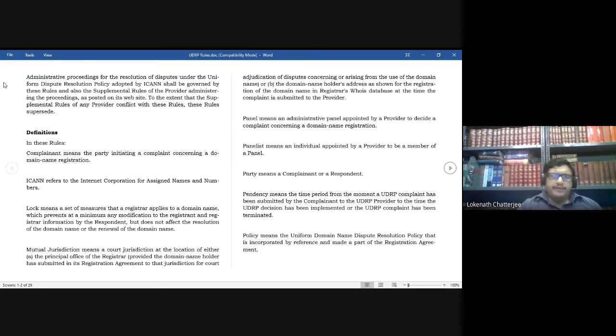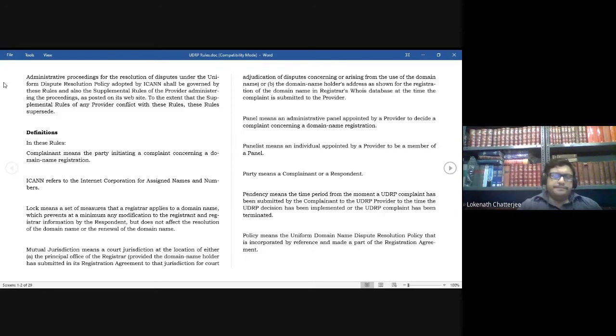Who can complain? We've seen any individual or corporate entity. To put it in very simple words, this essentially refers to disputes between two entities pertaining to a domain name. Domain name is essentially could be a website.